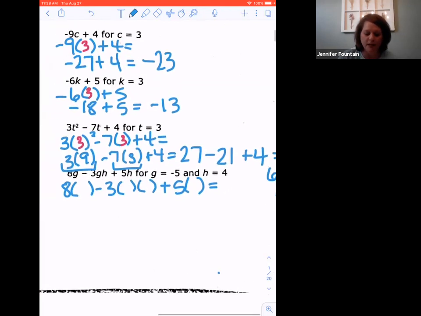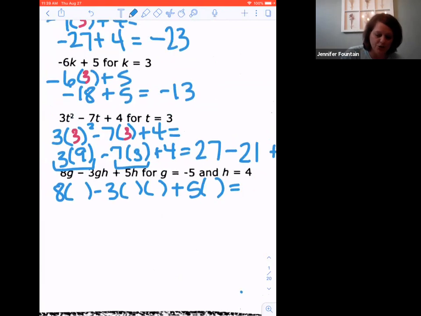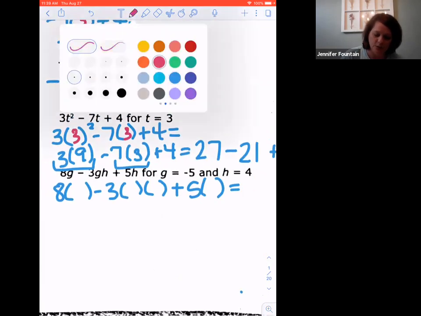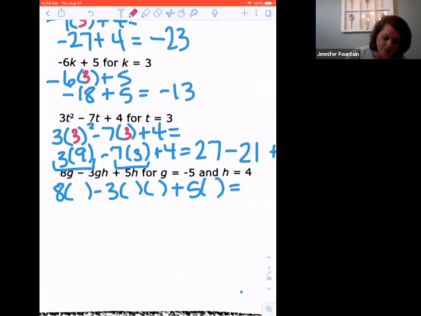And then finally, we're plugging in both G and H. Okay, so G is -5. So I'm going to put a -5 here for G, a -5 here for G. And then I'm going to plug in H is 4. So I've got an H there and an H there. All right, so I've got some multiplication, subtraction, and addition.